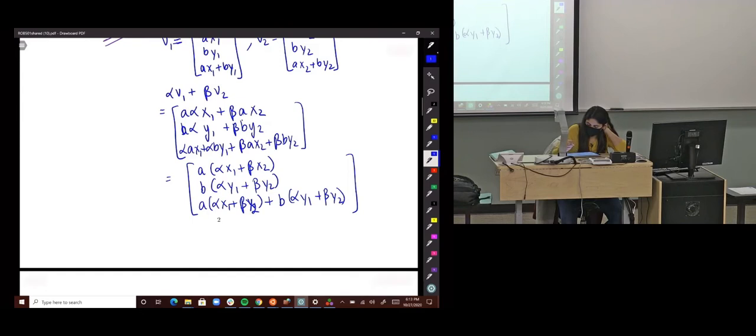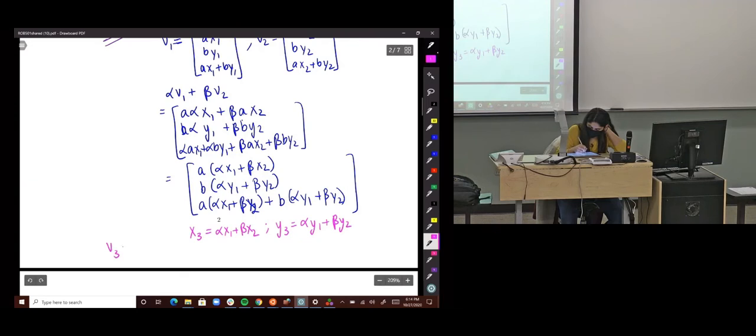If I call x3 equal to alpha x1 plus beta x2, and y3 equal to alpha y1 plus beta y2, then this vector v3 is basically (a x3, b y3, a x3 plus b y3).